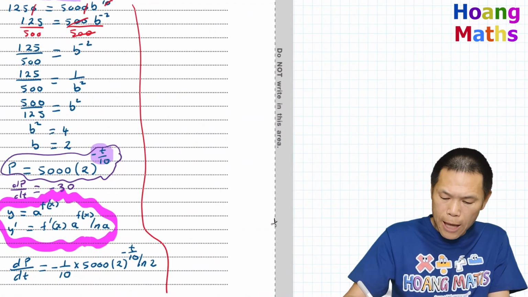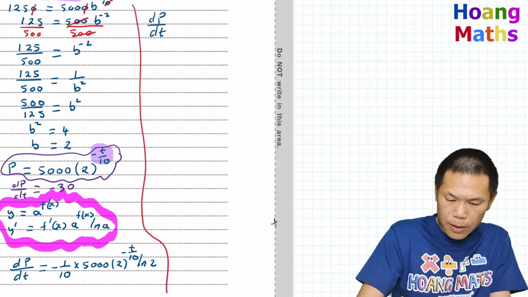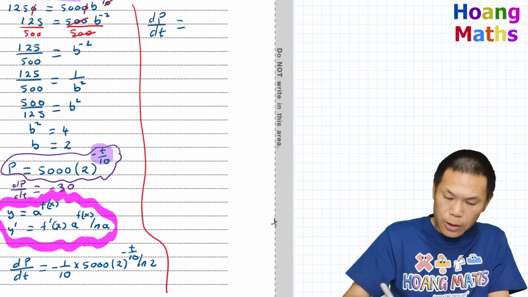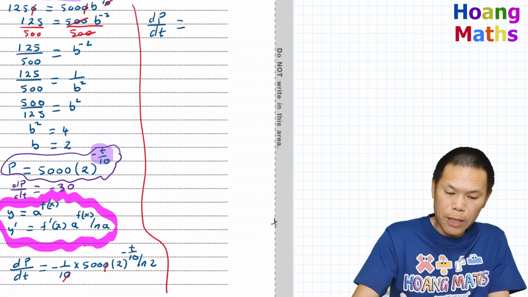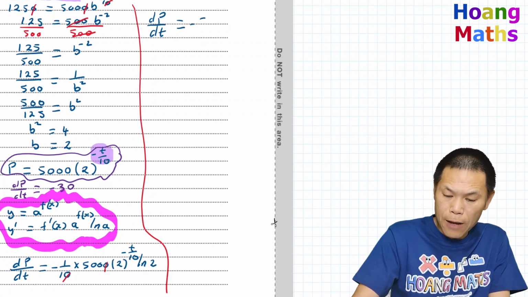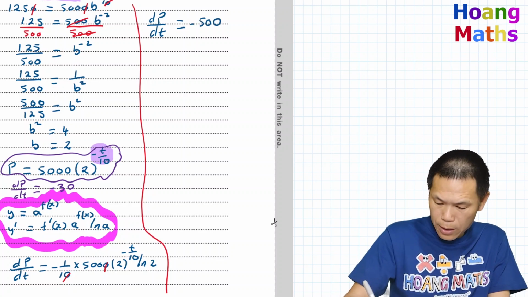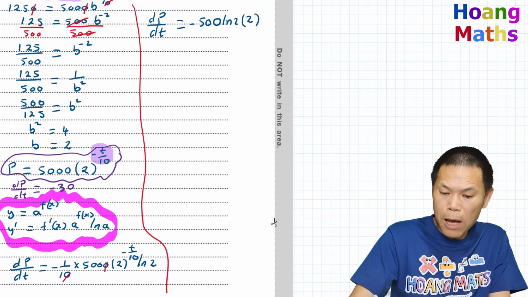So now this means that dP/dT is equal to, we can simplify this, that cancels with this, so that becomes negative 500 ln of 2, and then we times by 2 to the power of negative T over 10.